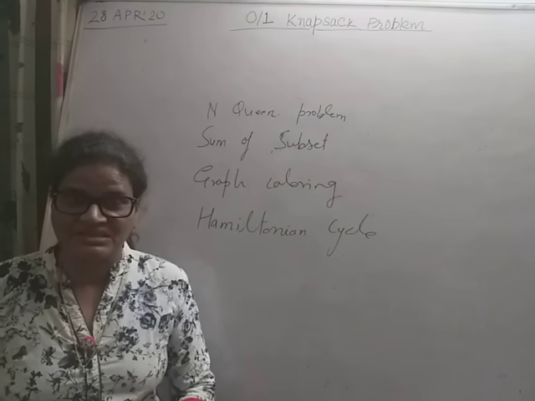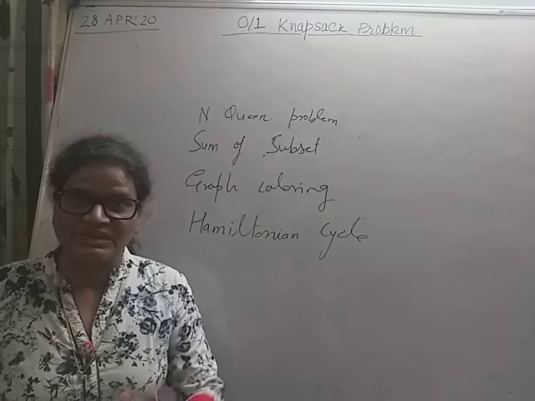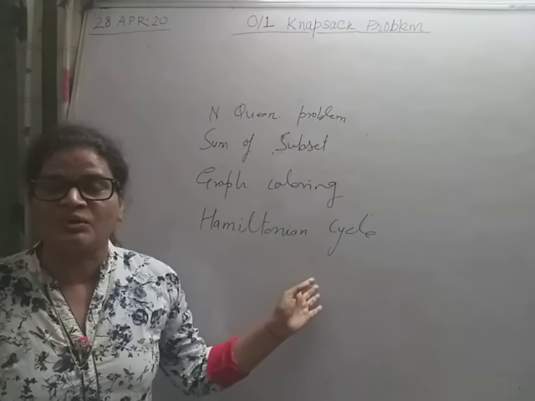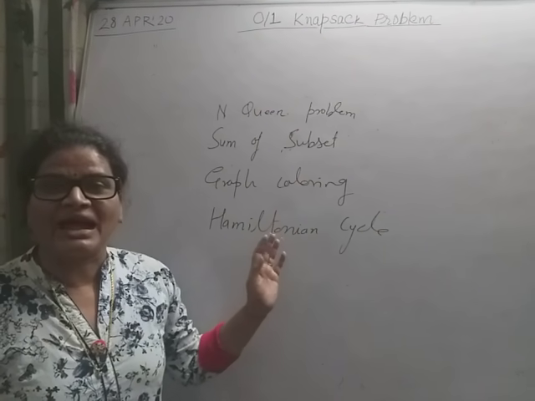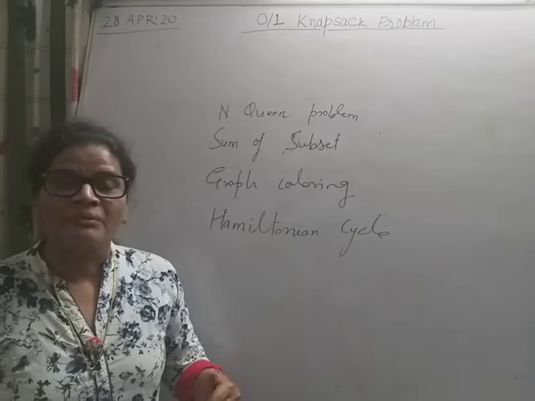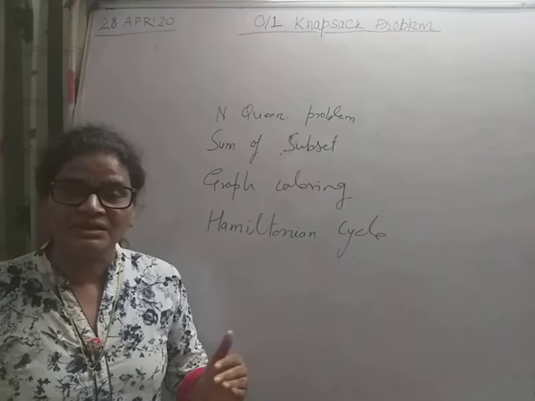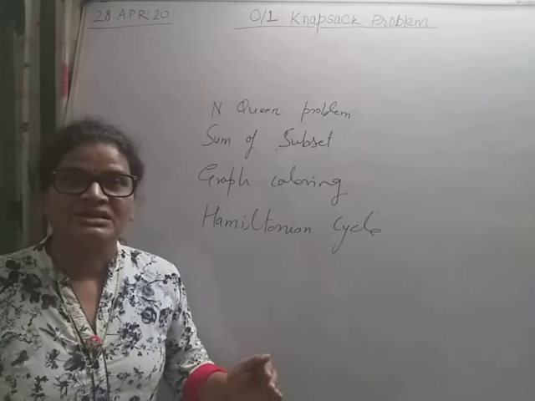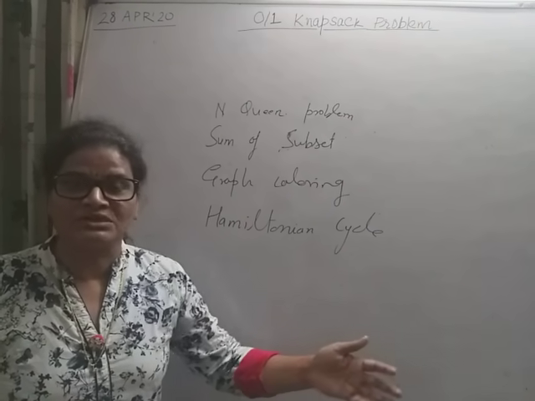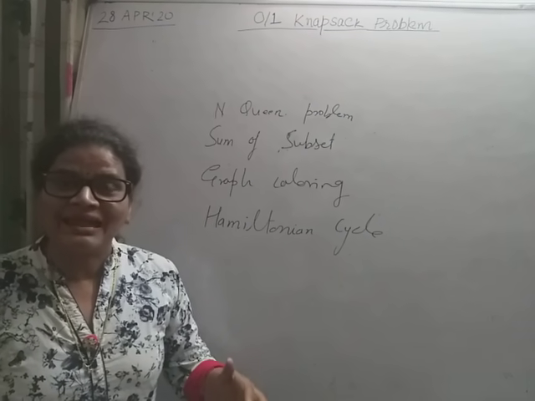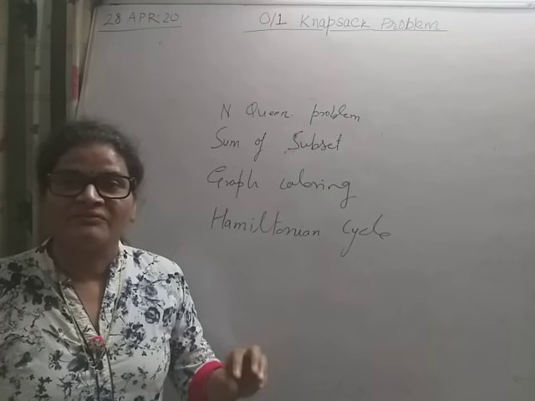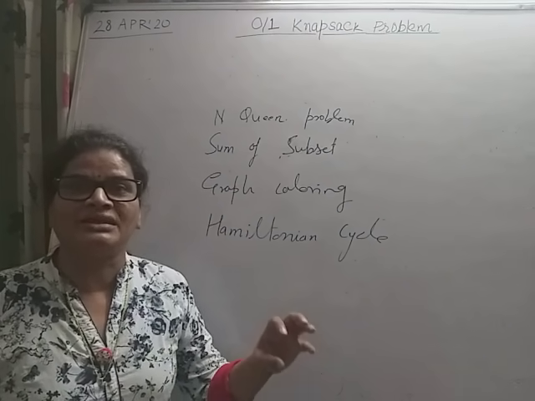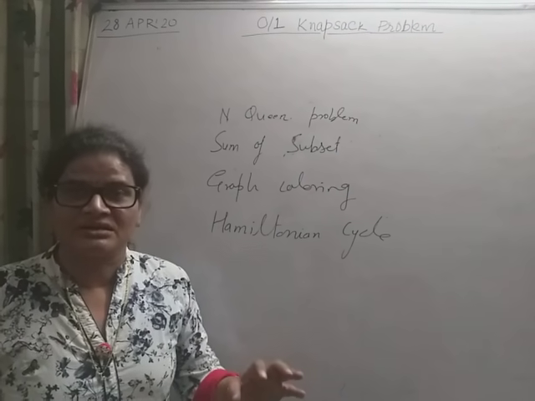So see the difference between the 01 knapsack problem and all the previous problems we have solved using the backtracking algorithm. Backtracking can be used to solve problems that have a number of solutions, or to solve optimization problems where our objective is to find one optimal solution.